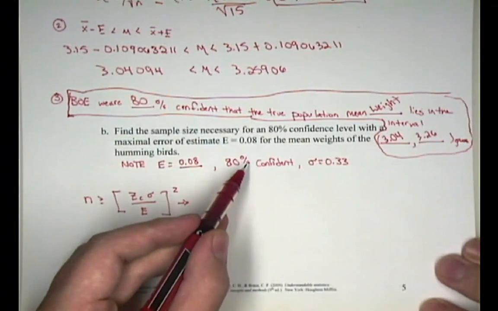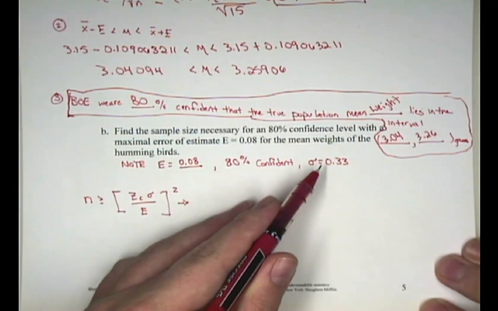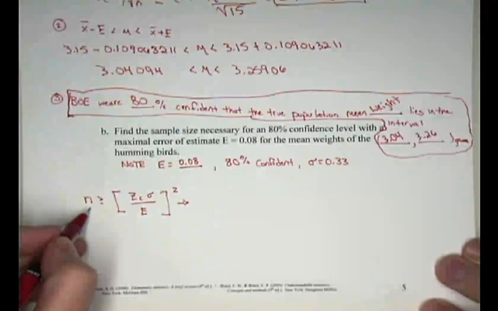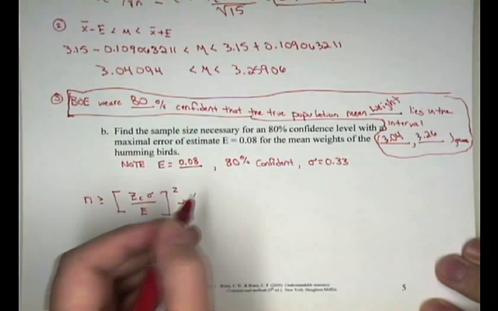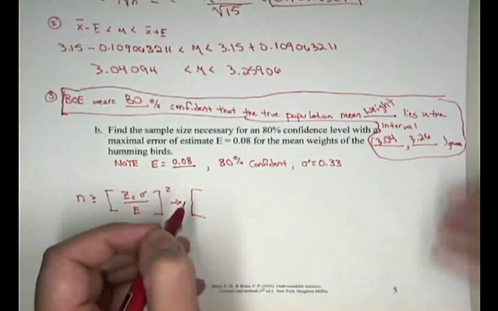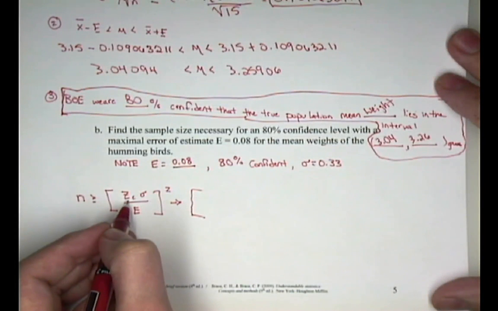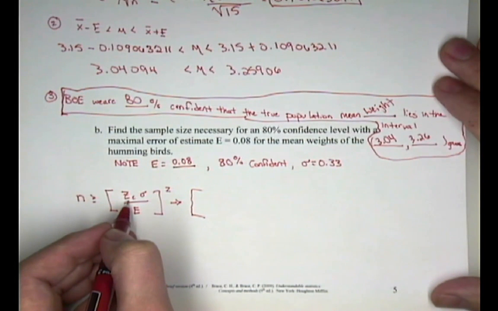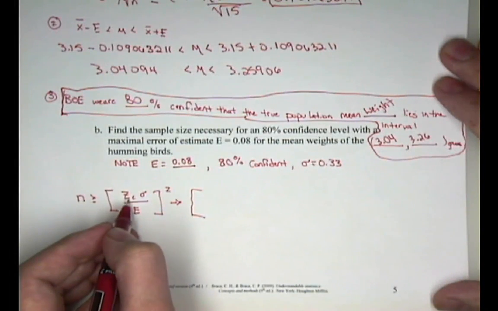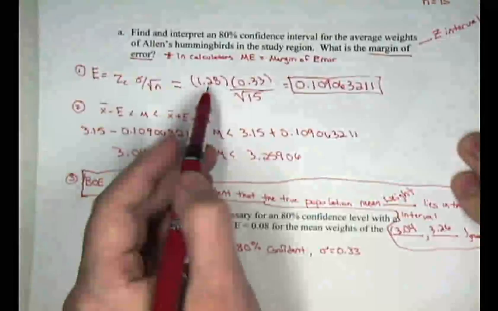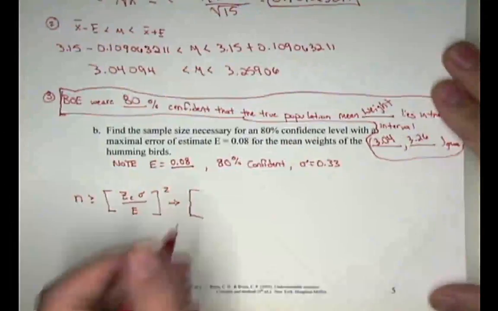You want to be 80% confident, and you've got a sigma given to you. So in the estimation formula right here, we're just going to plug in z confidence. If we had a different confidence level, we'd go back to that table and find the corresponding critical value. We're using the same confidence level, so I can steal the one I looked up here, because it's the same one.